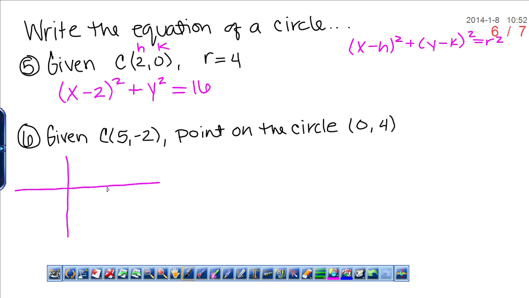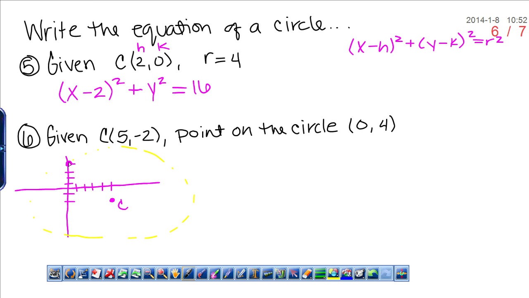I have a center at 5, -2. That would be my center. And I have a point at 0, 4. So I'm going to draw this really lightly, but do you see that that means that the circle goes something like this?